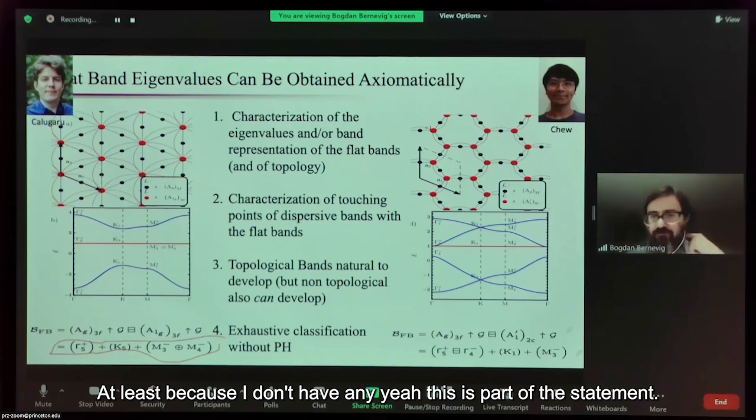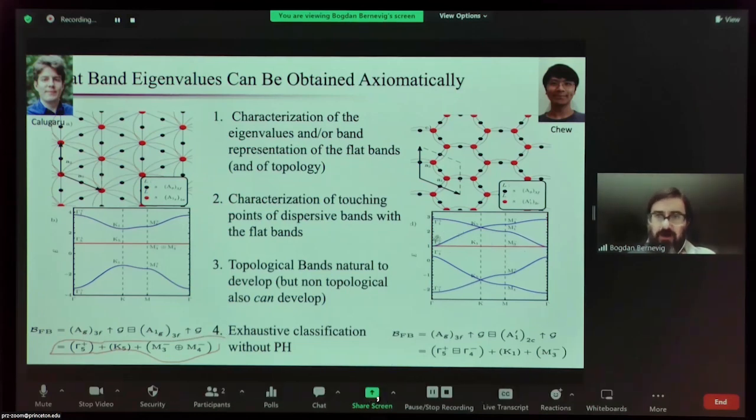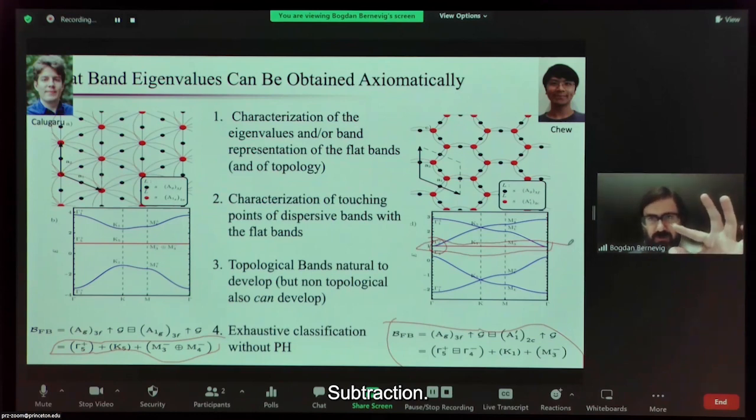Now in the case on the right, what you can show is that it's got a Dirac point. So this guy doesn't have topology, because it's got a Dirac point, and I cannot form the projector into the flat band because of the Dirac point. What I can do is remove the Dirac point by adding spin-orbit coupling or doing something else.